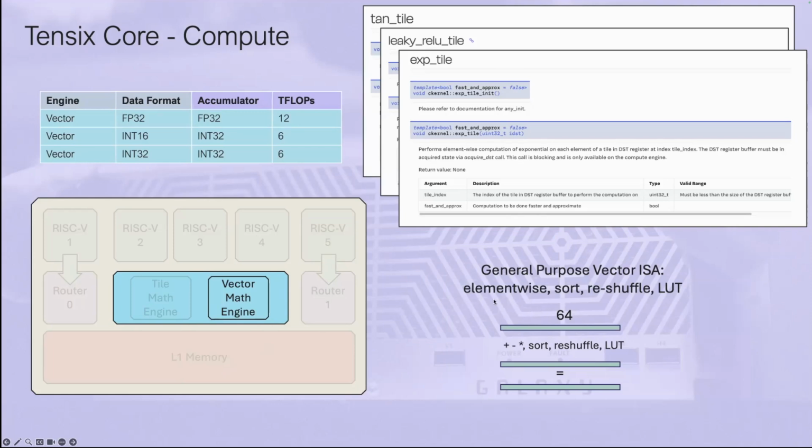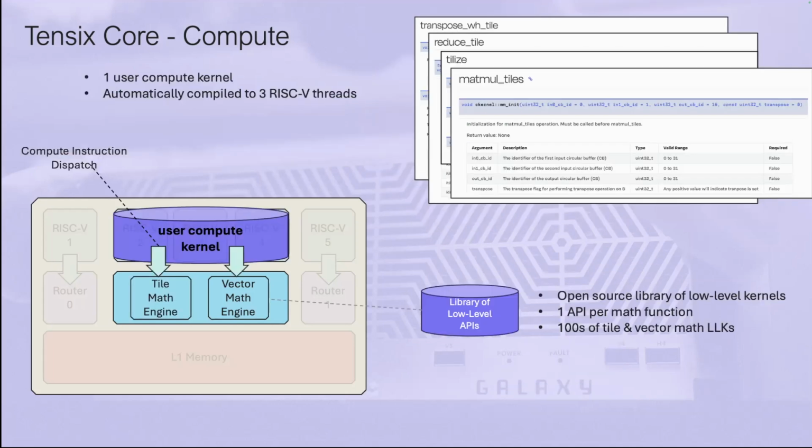We can also do sorting, reshuffles, and again, very similar to the tiled operations as before, you would include your lower level headers, and then you can call these as API calls. So this is where your user compute kernel would sit on these three baby RISC cores, and then they would interface with these two math engines using these lower level libraries.